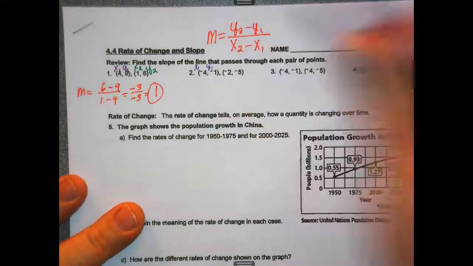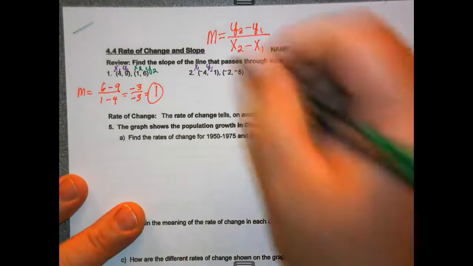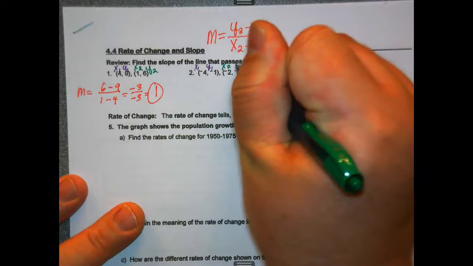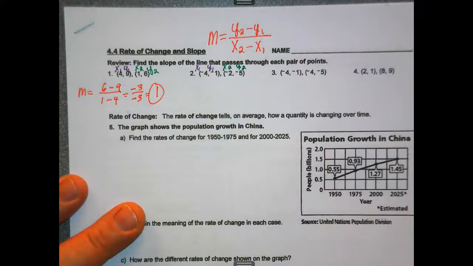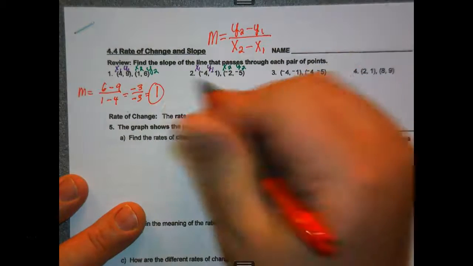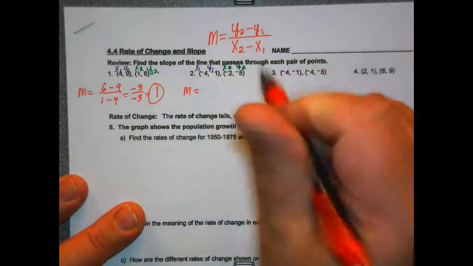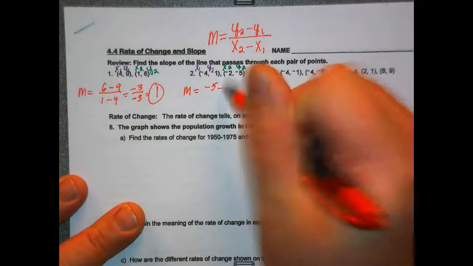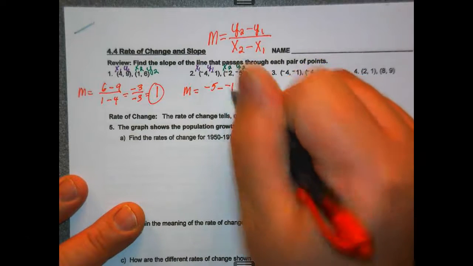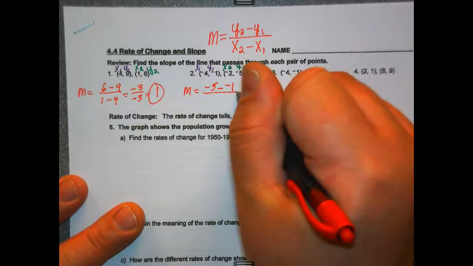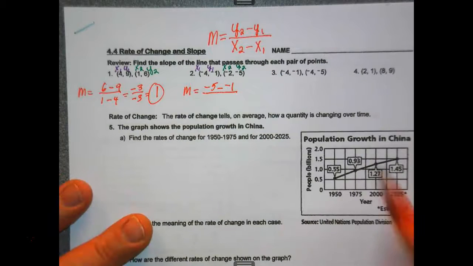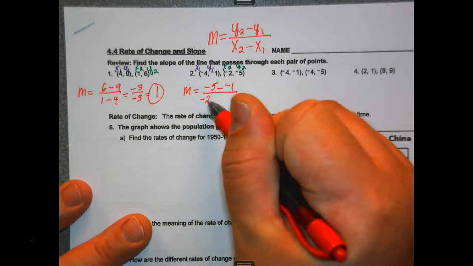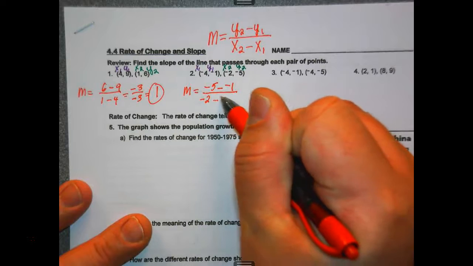x1, y1, x2, y2. So my slope equals negative 5 minus negative 1 divided by negative 2 minus negative 4.